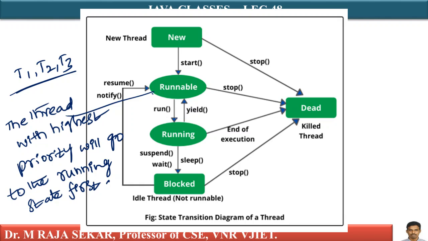If the priorities of all threads are equal, then the threads are activated according to first come first served fashion. If all threads have got same priority, this will be followed. First come first served, FCFS.